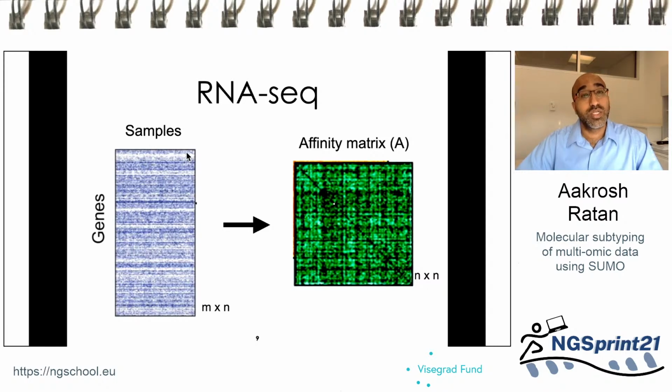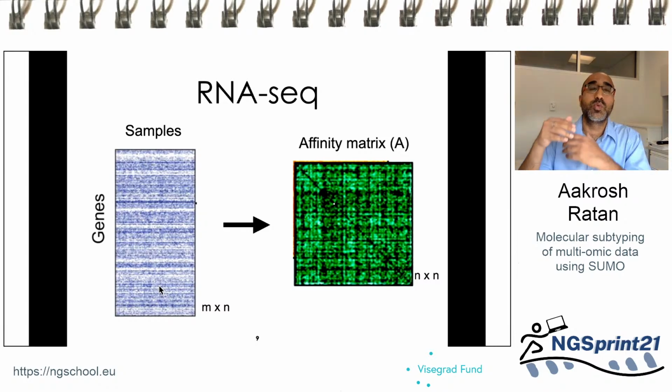And what you want to do is convert this information, which is an M cross N matrix with M much, much greater than N, into an affinity matrix, where the values here represent the adjacency or the similarity between patients who we are going to consider as nodes in our experiment. All right, so let's say we start our RNA-seq experiment and we get our counts.